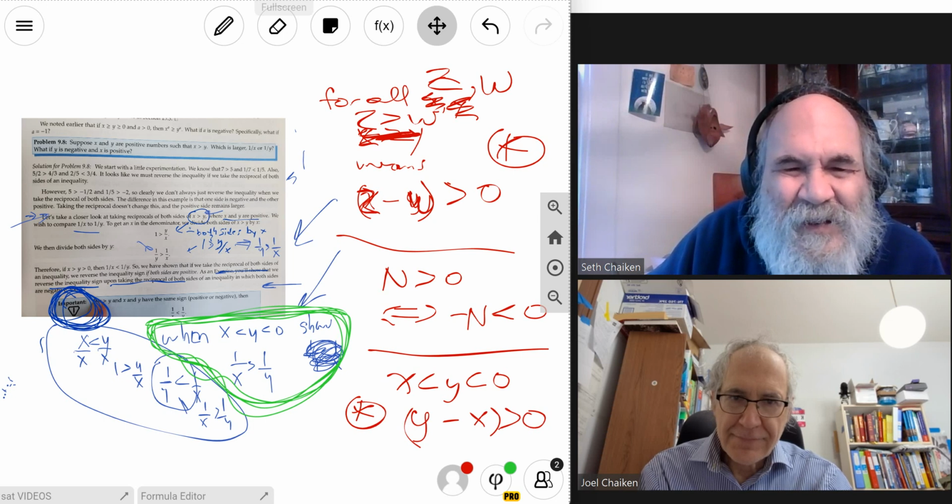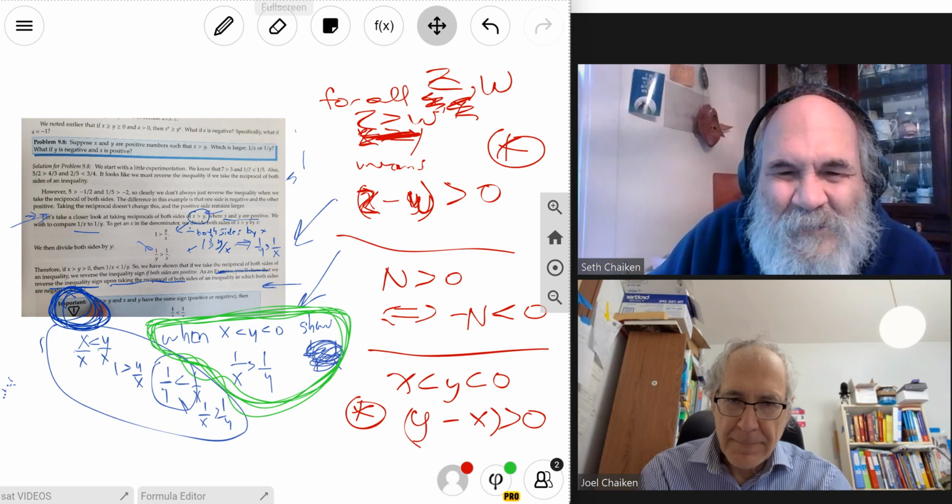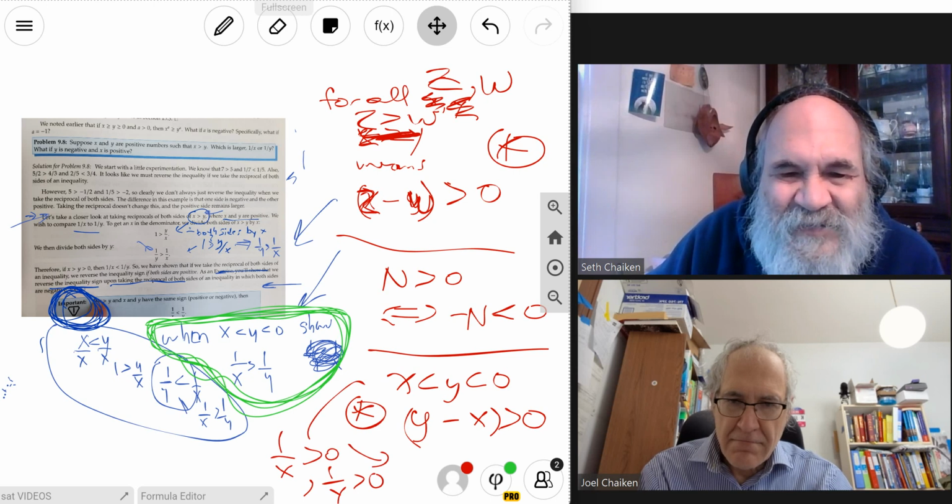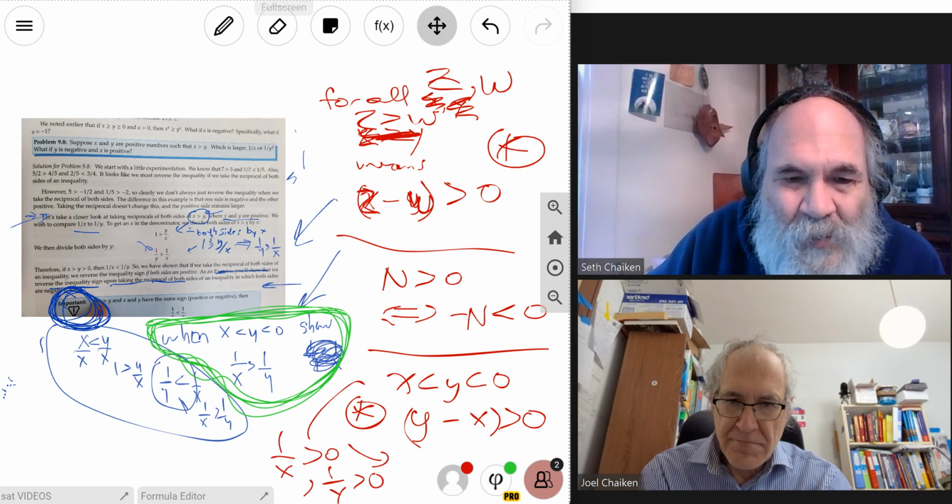Okay? Right. So, they're both negative. So 1 over X is positive, and 1 over Y is positive. I multiply both sides by 1 over XY, so 1 over X times Y is positive.